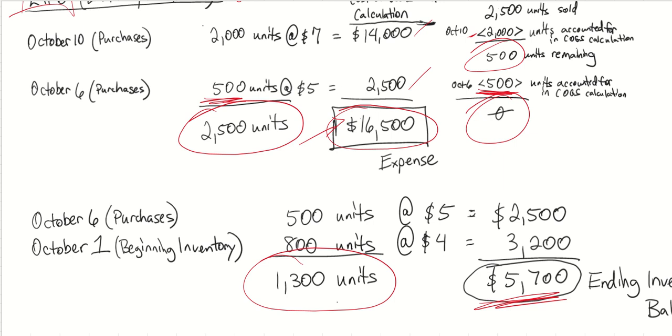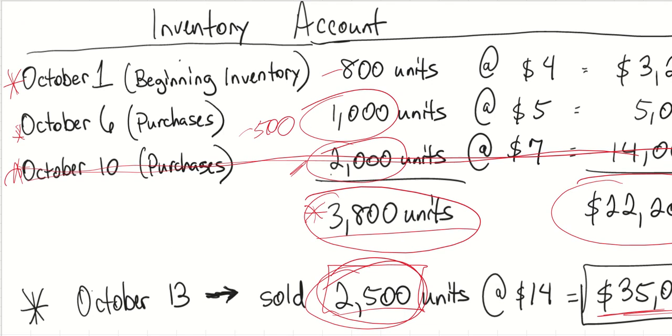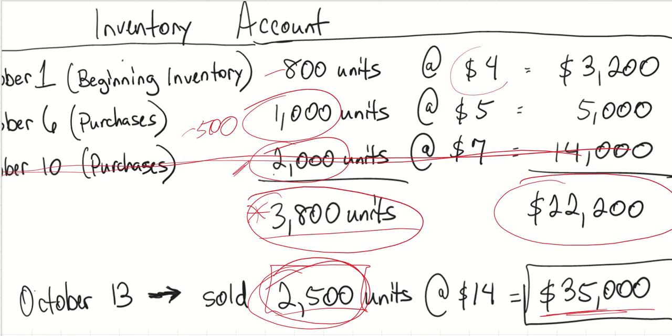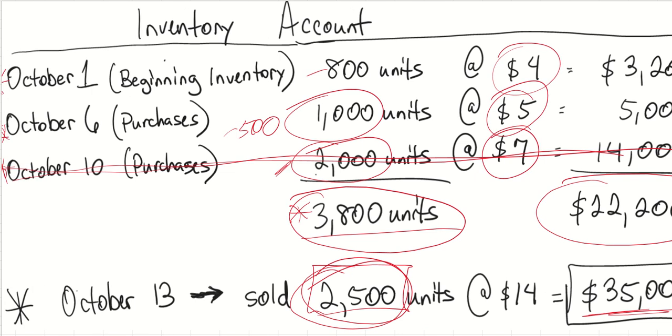The reason why is because, as you can see in the scenario, from the beginning of the period to the end of the period, the cost of the items increases. Under the LIFO method, you're assuming the most recent purchases are sold first, so the most recent purchases are recorded in the cost of goods sold calculation first. So it's going to have a higher dollar amount reported in the cost of goods sold account, if that makes sense.